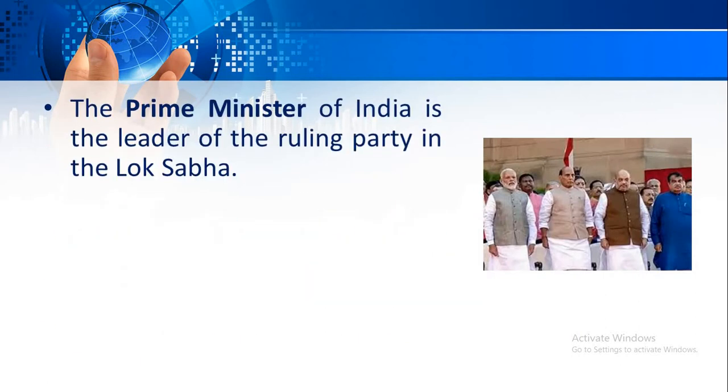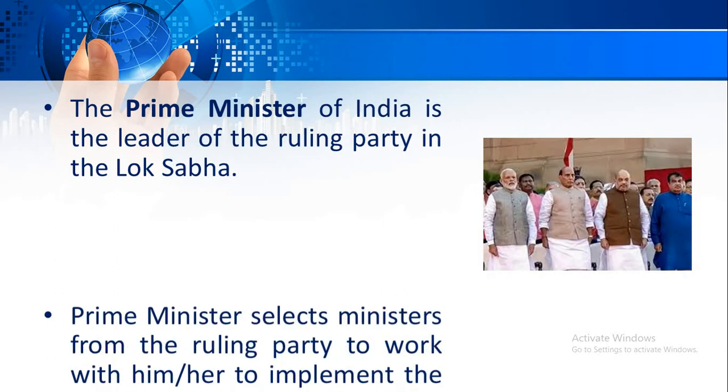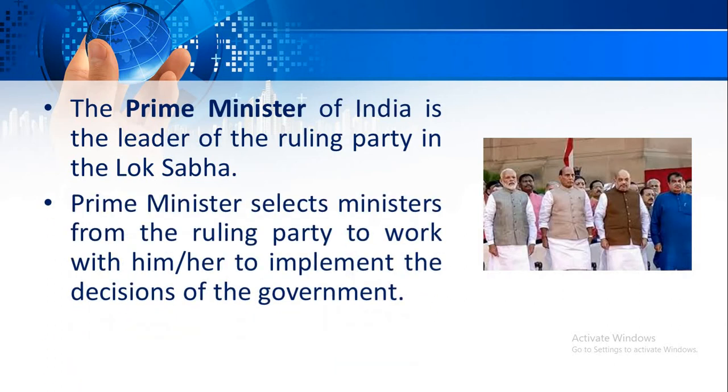The Prime Minister of India is the leader of the ruling party in the Lok Sabha, as well as he is the head of the government. Prime Minister selects ministers from the ruling party to work with him or her to implement the decisions of the government.